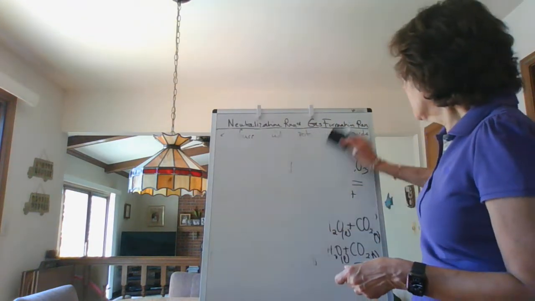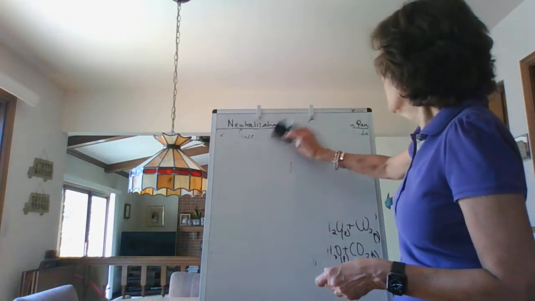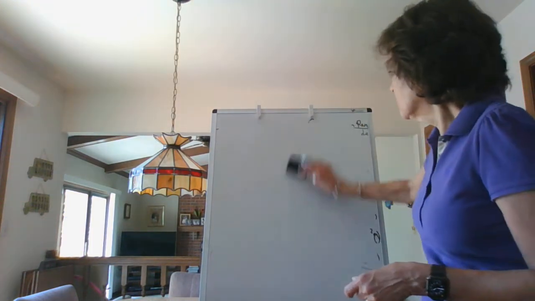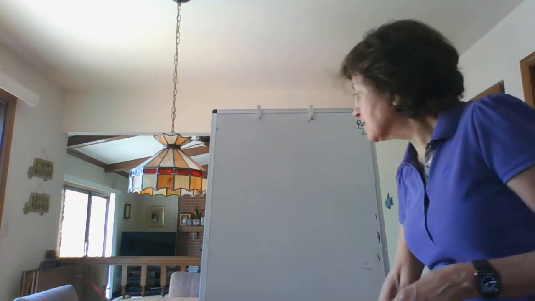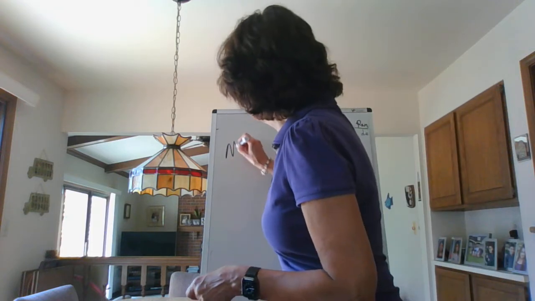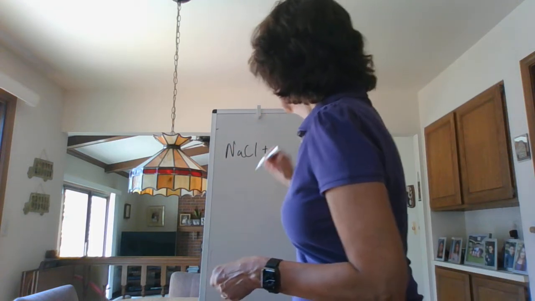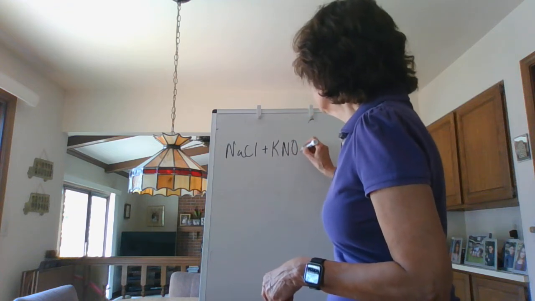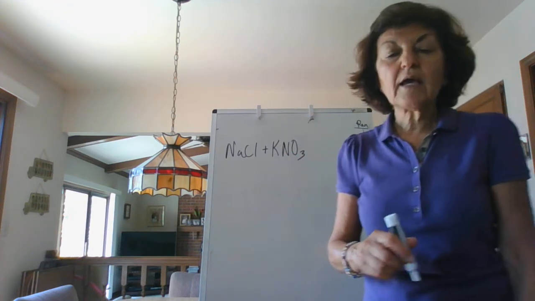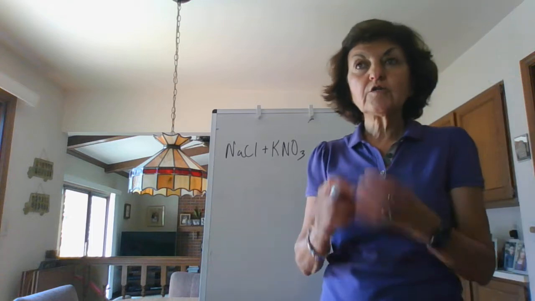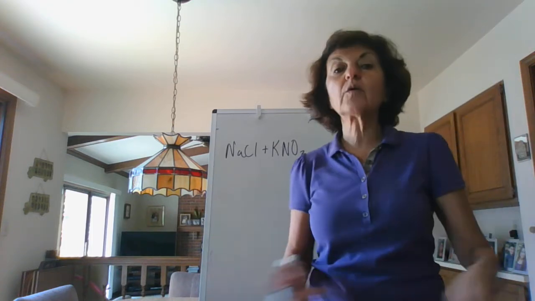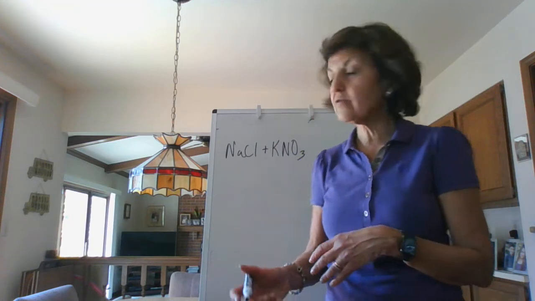Before I move off of this topic entirely, I just wanted to show you one more thing. Let's say you have sodium chloride reacting with, let's say, potassium nitrate, and you wanted to do a molecular equation, complete ionic equation, and net ionic equation.